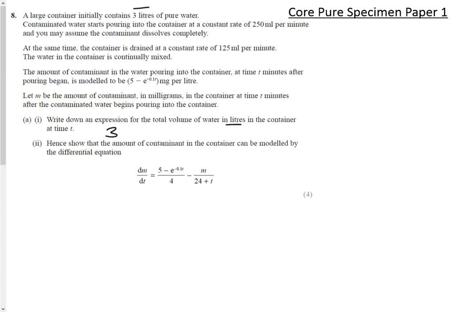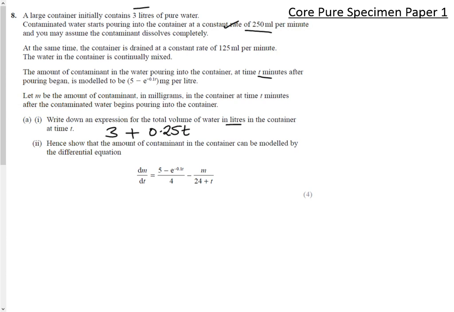Water goes in, well, contaminated water goes in at a rate of 250 millilitres per minute. So is time measured in minutes? Yes, it is. Okay. So we have 3 litres, and then at time t, we have water coming in at a rate of 0.25 litres per minute.